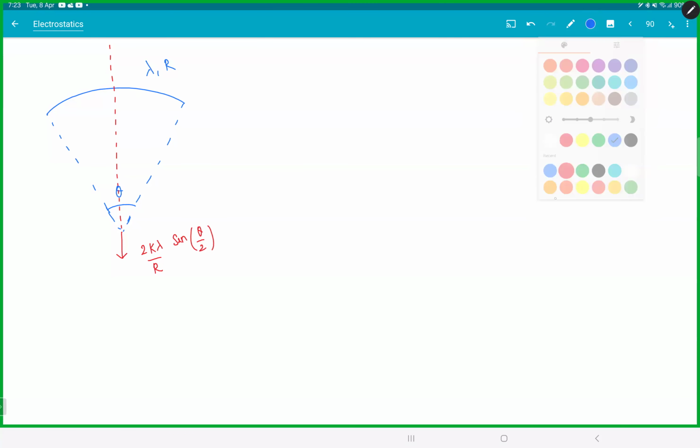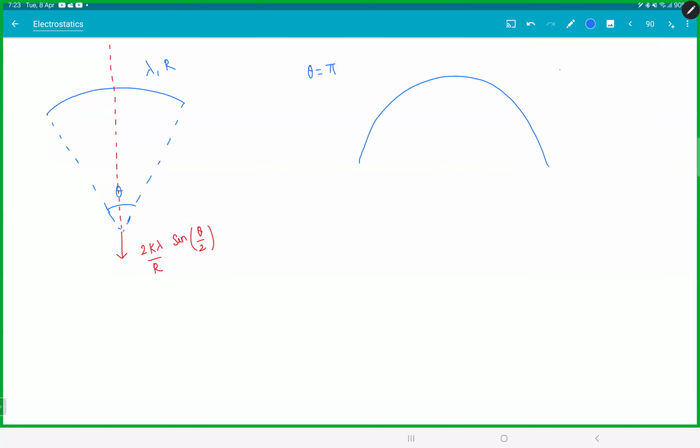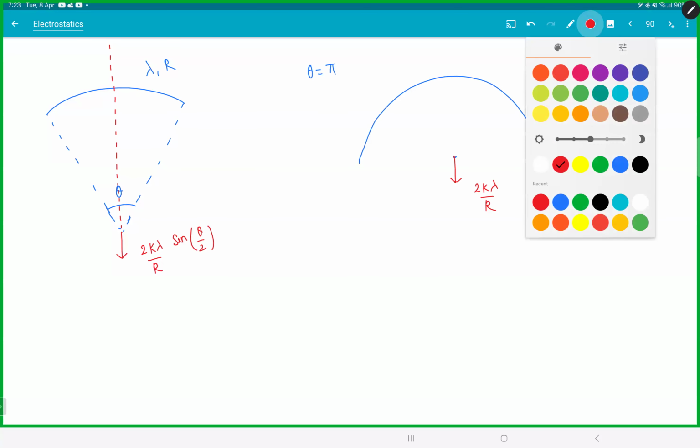Now in mains they'll ask me something like this. If you put theta equal to pi, you get a semicircle. And if you see the result, you get 2k lambda by r. Doesn't it kind of look like the infinite line charge formula? 2k lambda by d, 2k lambda by r.